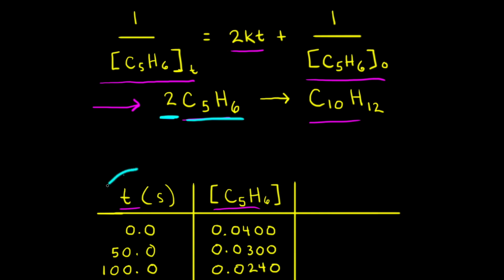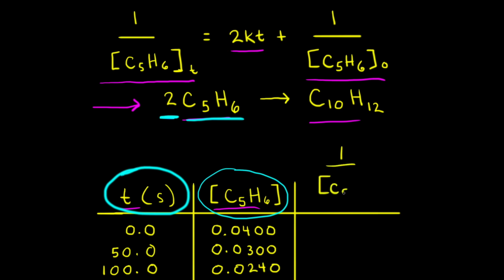So if we look at our data table, we have time in seconds and we have the concentration of cyclopentadiene, but we need to have 1 over the concentration of cyclopentadiene. So we need a new column. So we're going to calculate 1 over the concentration of cyclopentadiene.